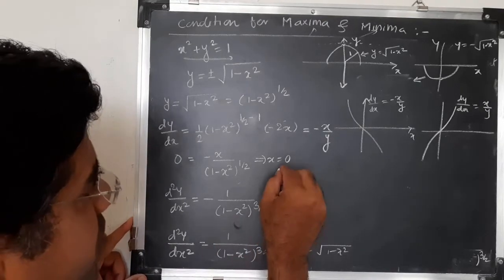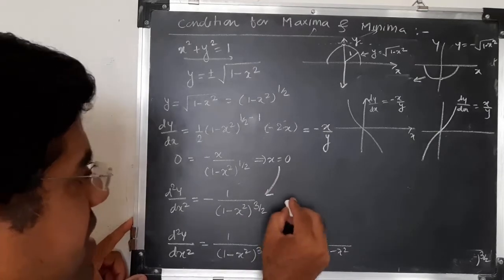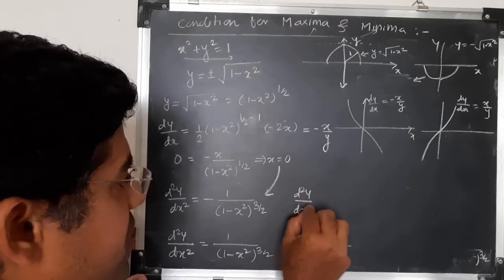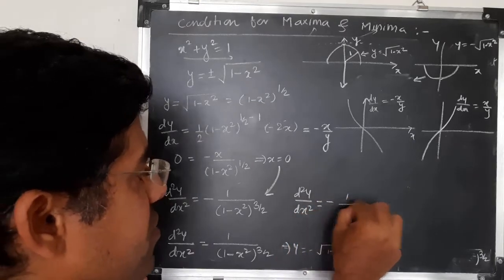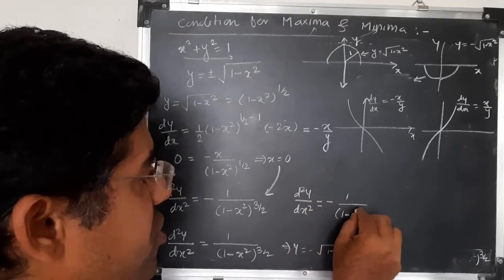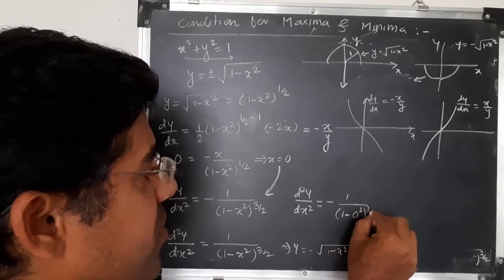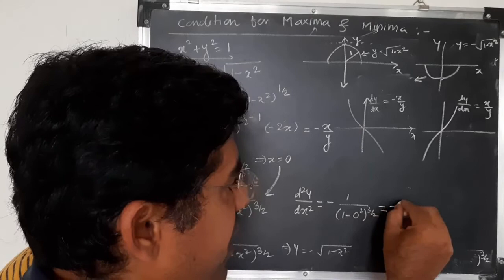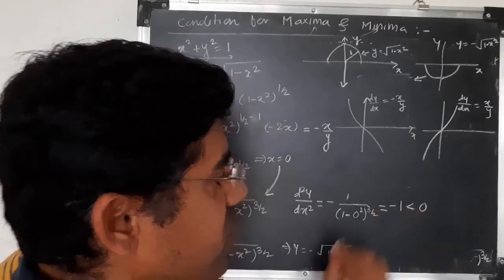When I put x equal to 0 in this case, d2y by dx square is equal to minus 1 divided by 1 minus 0 square raised to 3 by 2. Okay, so this is nothing but minus 1, which is less than 0.